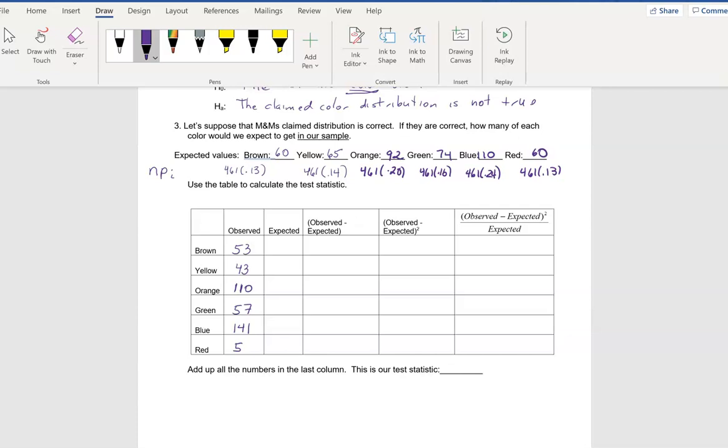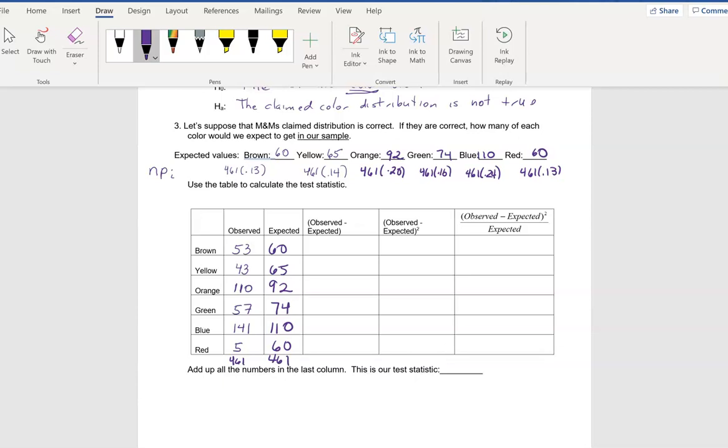We're going to take the expected counts and put them into the column next to the observed. Both the observed and the expected columns will add to 461, and you may have to adjust your rounding.